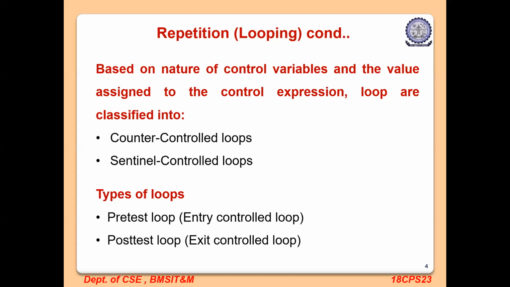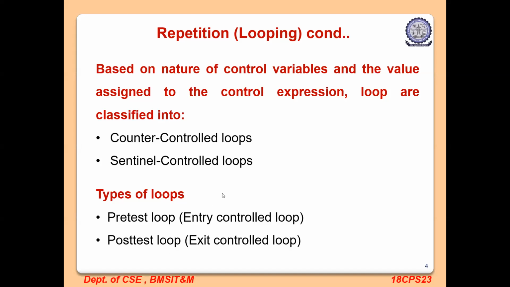So you fix a special value at the end of the file. It can be -1, it can be end of file, a special character. And such variables are called sentinel variables.